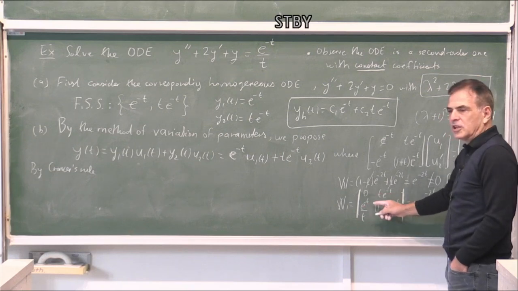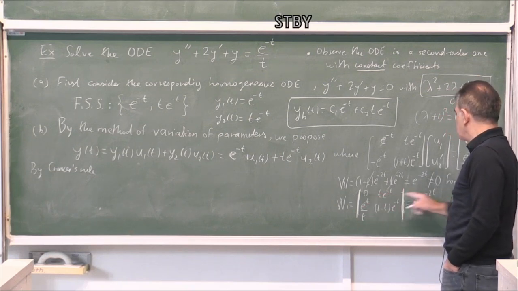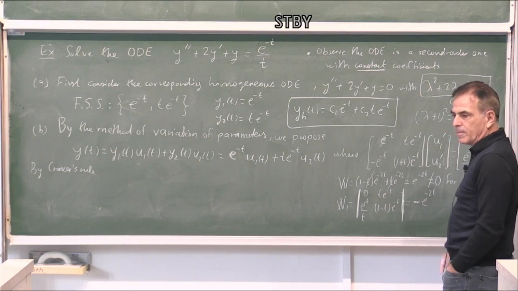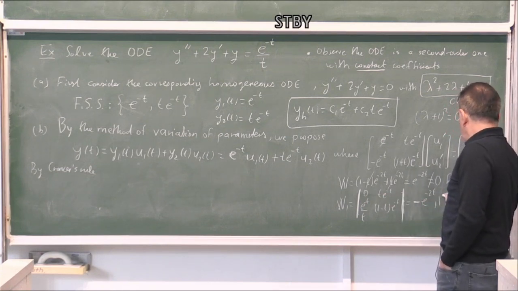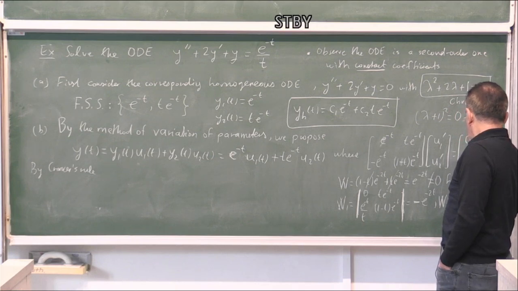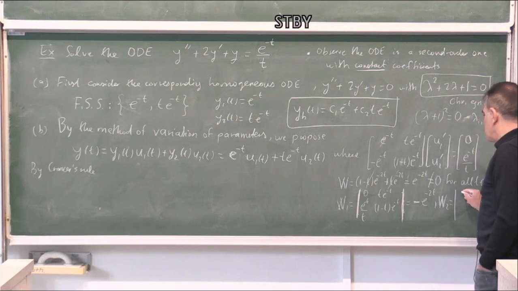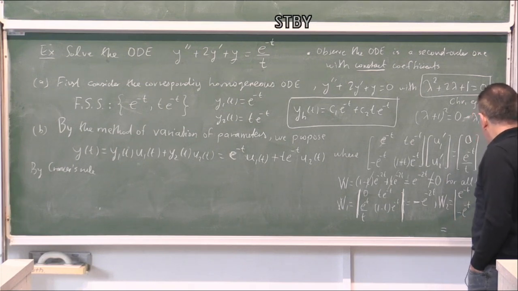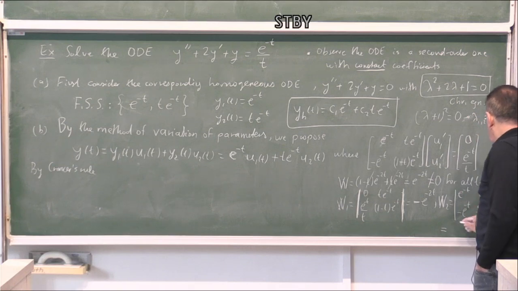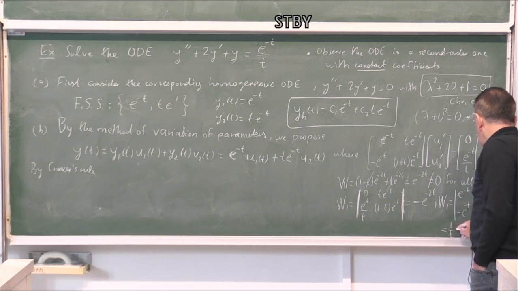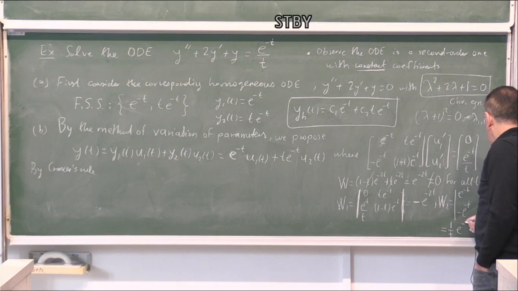T and t cancel each other out. E to power minus t times e to power minus t gives us this. Okay? And omega 2 is the determinant of this matrix, e to power minus t, minus t e to power minus t, 0, e to power minus t over t, which is now 1 over t e to power minus 2t. Correct?